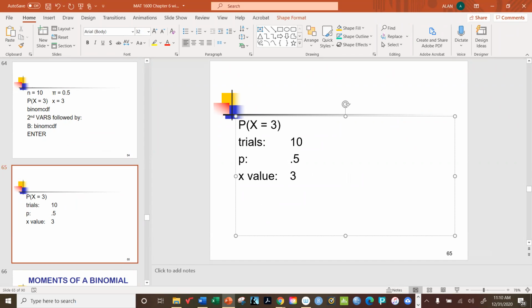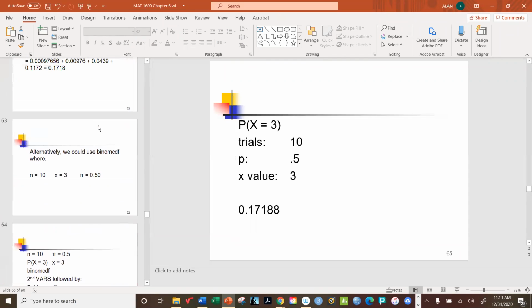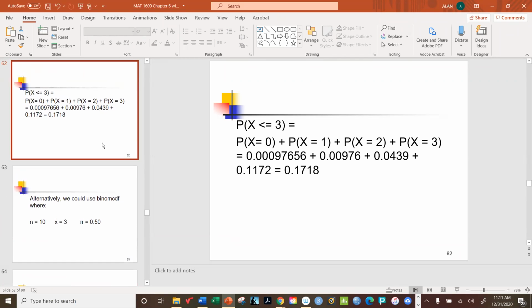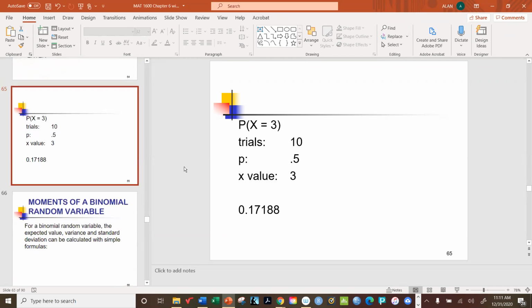And it turns out to be about 0.17188. So the difference between the two is really the rounding that we did along the way. It is the same number.